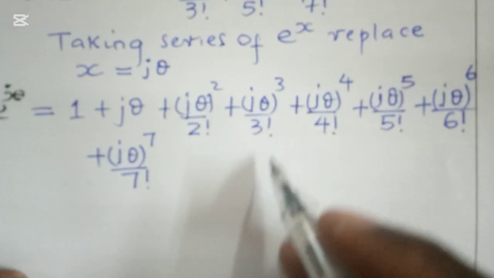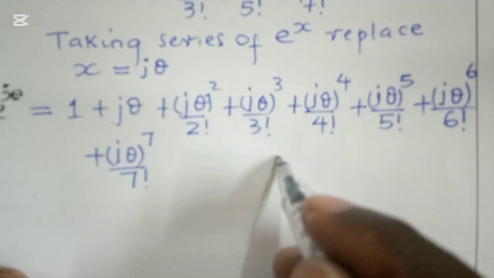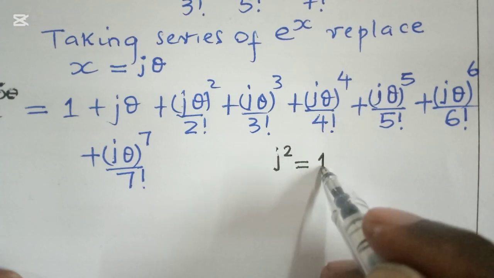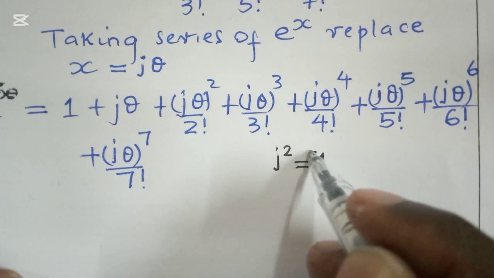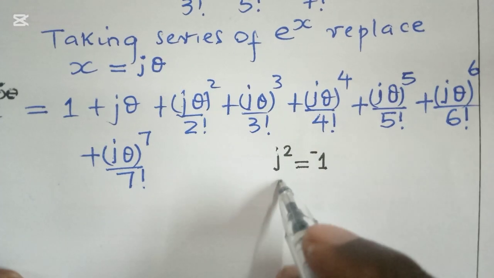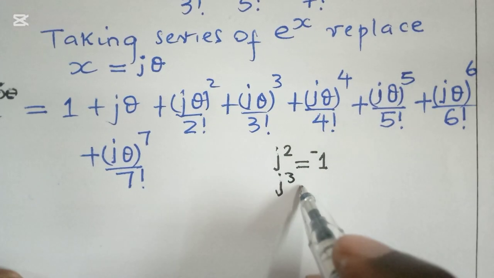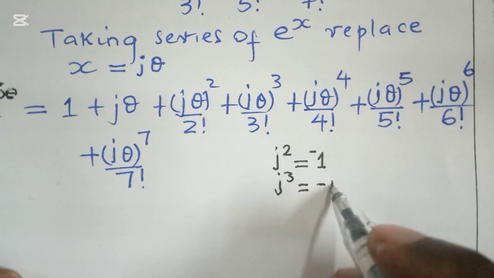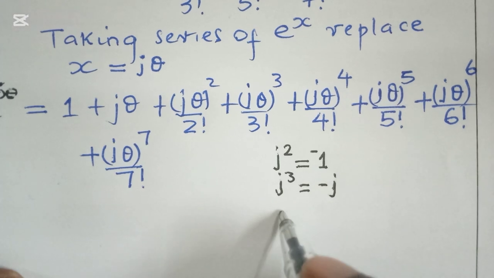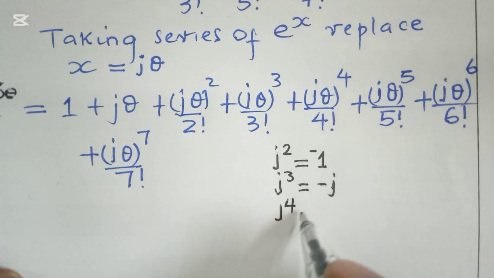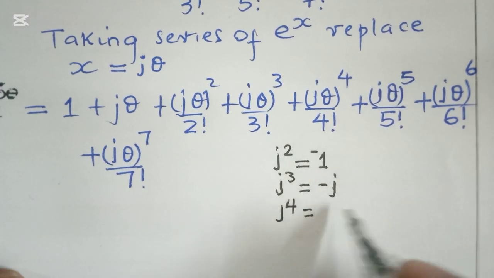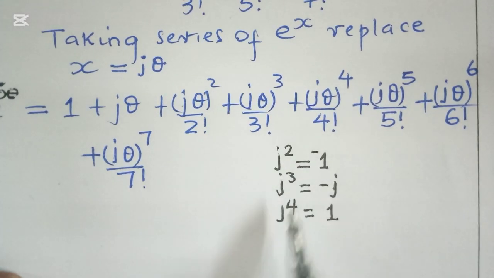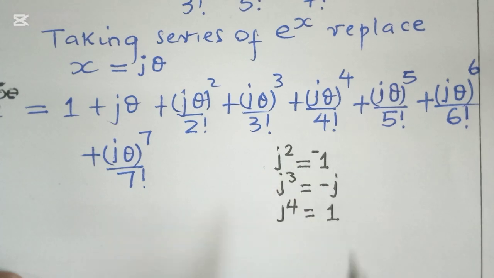Guys, now taking this pattern, where we have j squared, that is negative 1. If we have j cubed, it gives us negative j. We go to j raised to 4. This one we get as 1, because remember these are j squared squared, which gives us 1.